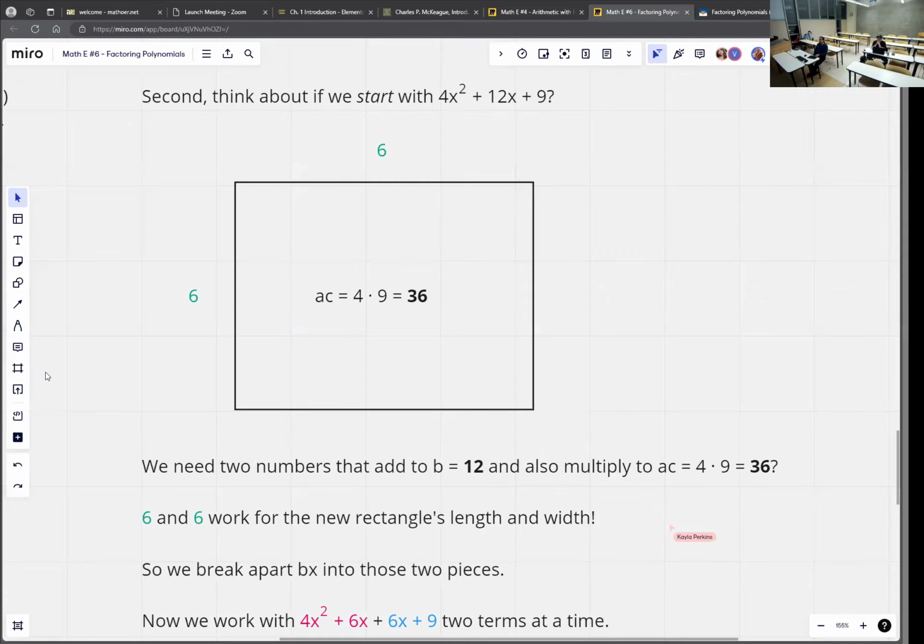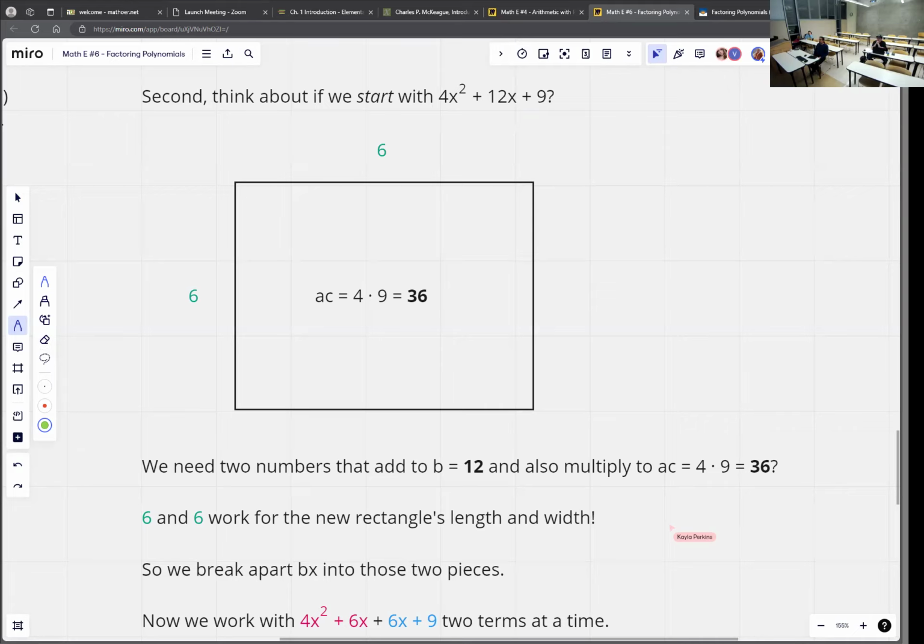So I'm given a polynomial: 4x squared plus 12x plus 9. I've never seen this one before. Someone just gave it to me. And they said, what two smaller polynomials, what binomials multiply together to get that? And there's a process. And the process won't fail me.